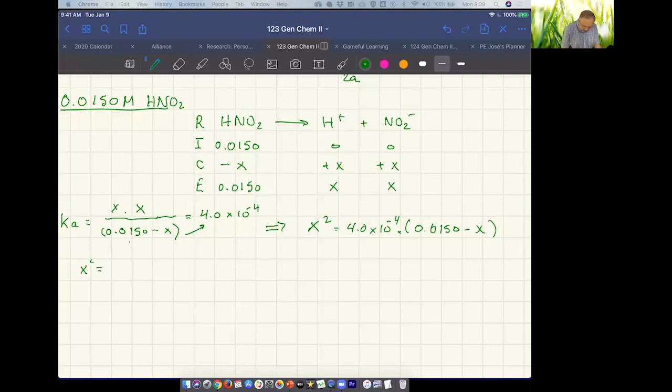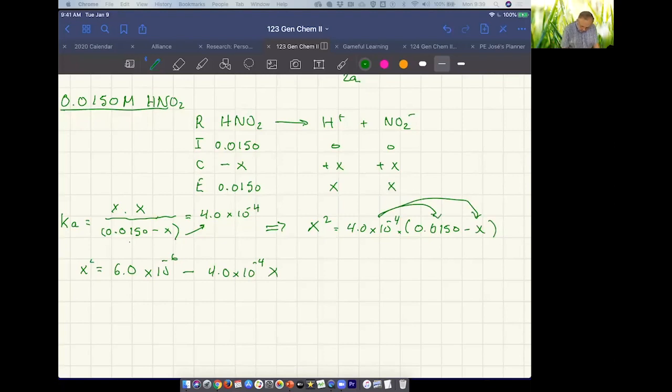So this is going to be 6.0 times 10 to the minus 6 minus 4.0 times 10 to the minus 4x. So I'm multiplying this by that and then this by that.